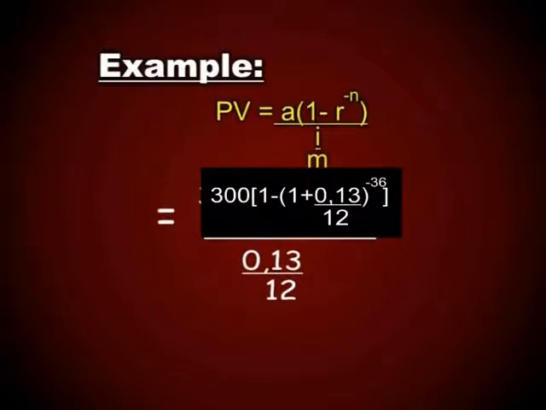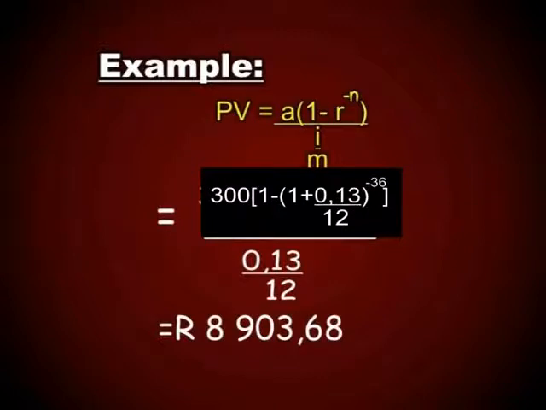It's 0.13 over 12 because it's 12 payments a year, 12 compounds a year, to the power 3 years times 12 compounds a year, which is 36, divided by 0.13 over 12, which gives us a present value of 8,903 Rand and 68 cents.